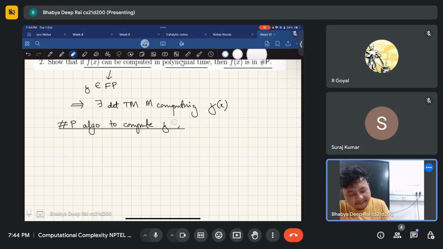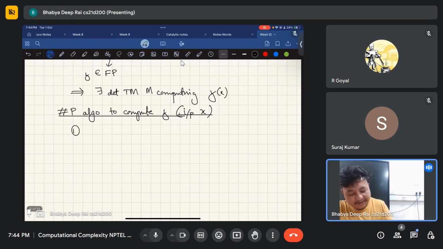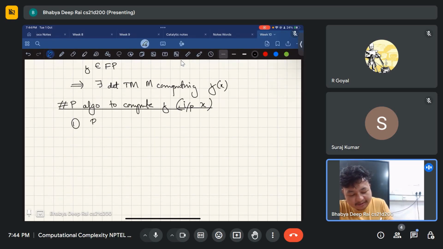What is the input? x. What is the first step I do? The first step is I run M on x.